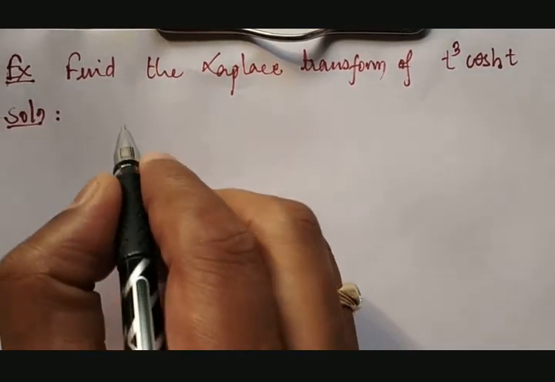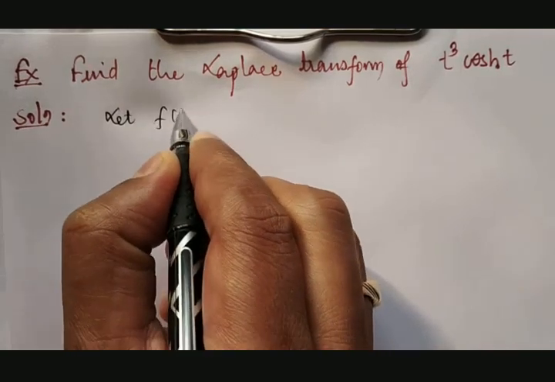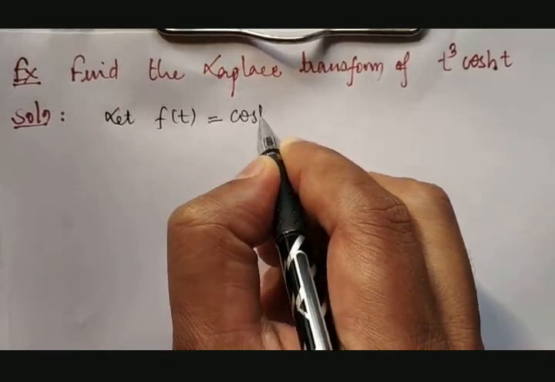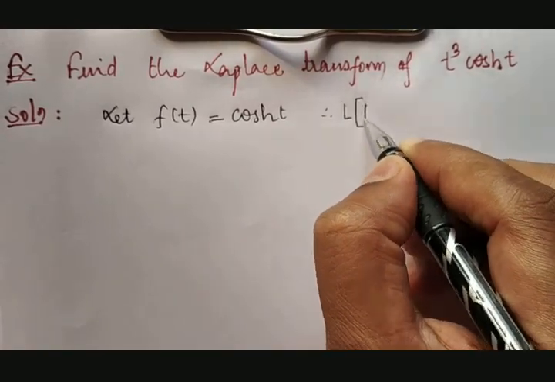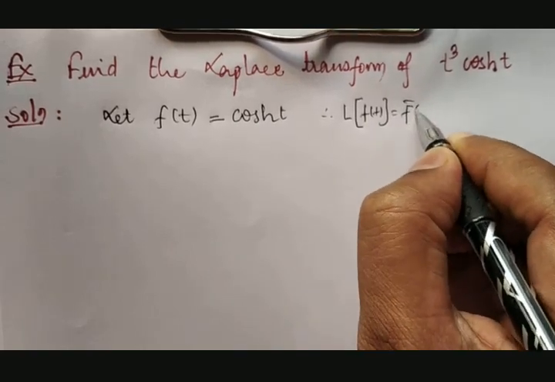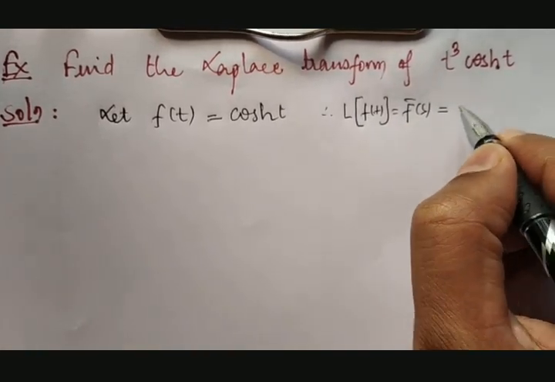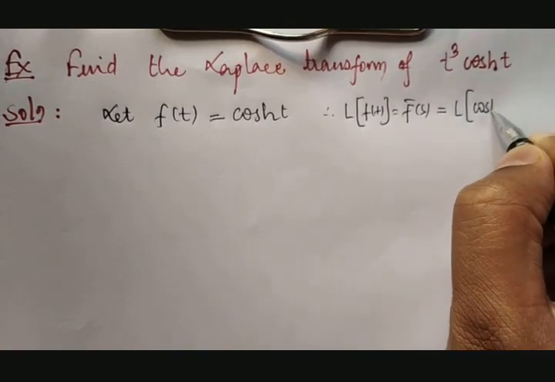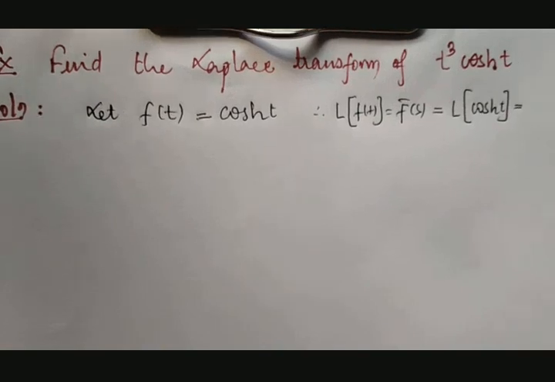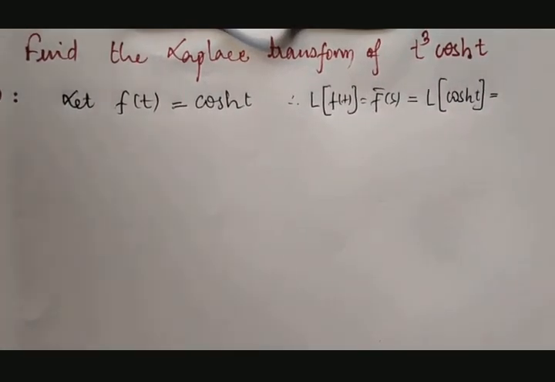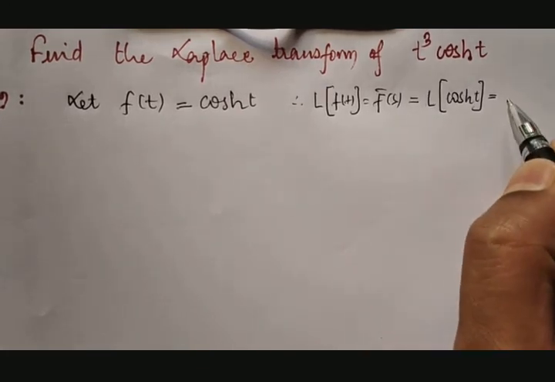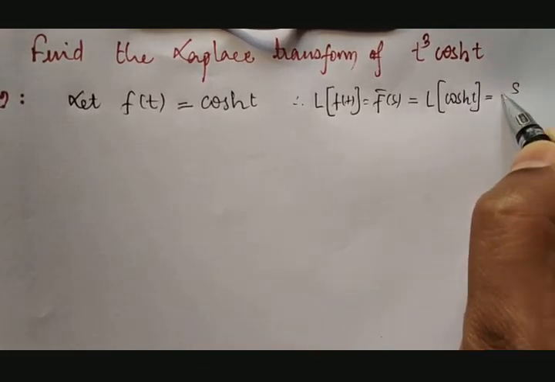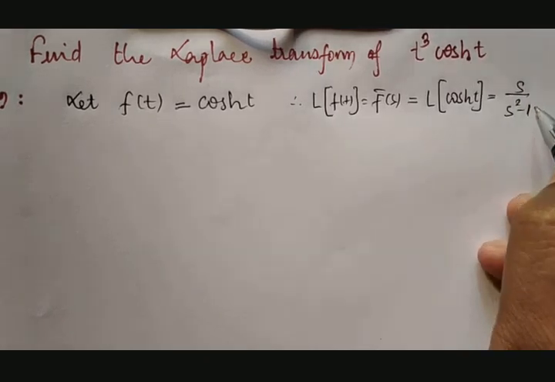So here we will take the given cos hyperbolic t as a function, because we know that the Laplace transformation of f of t is treated as f bar of s, which is the Laplace transformation of cos hyperbolic t. It also comes under standard results: its Laplace transform is s divided by s square minus 1.